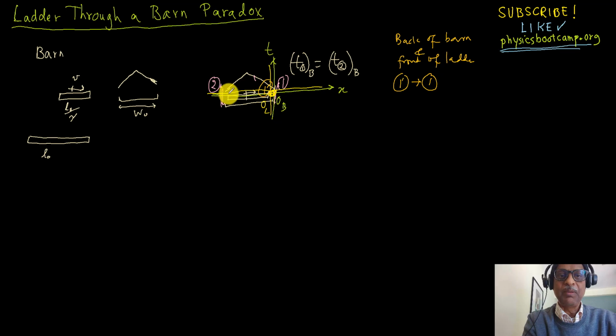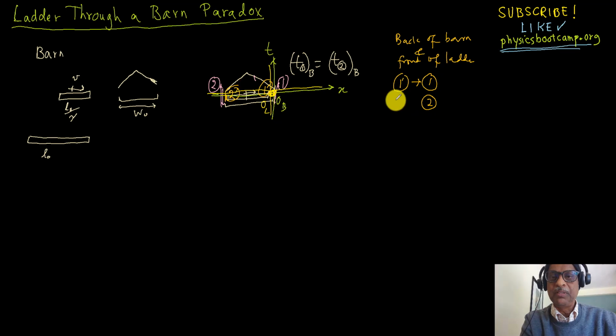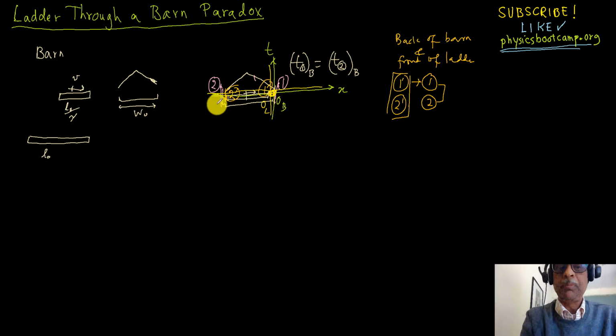And over here, let's call it 2 prime for the ladder. First you have a 2 prime, go in, and then 2. These two are the same time, but these two we'll find out are not at the same time. Although we can assume they're right on top of each other for the sake of simplifying.